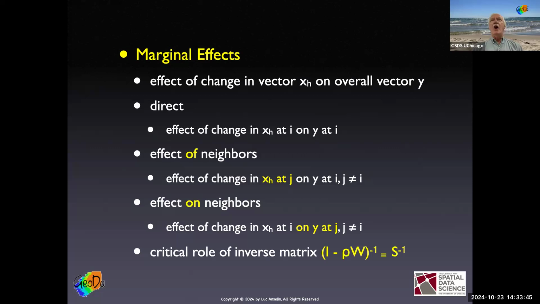The effect of neighbors is the effect of changes in a variable at your neighbor location on your dependent variable. So that's changes in the paint of my neighbor's house on my house price. The first one is change in the paint in my house on my house.